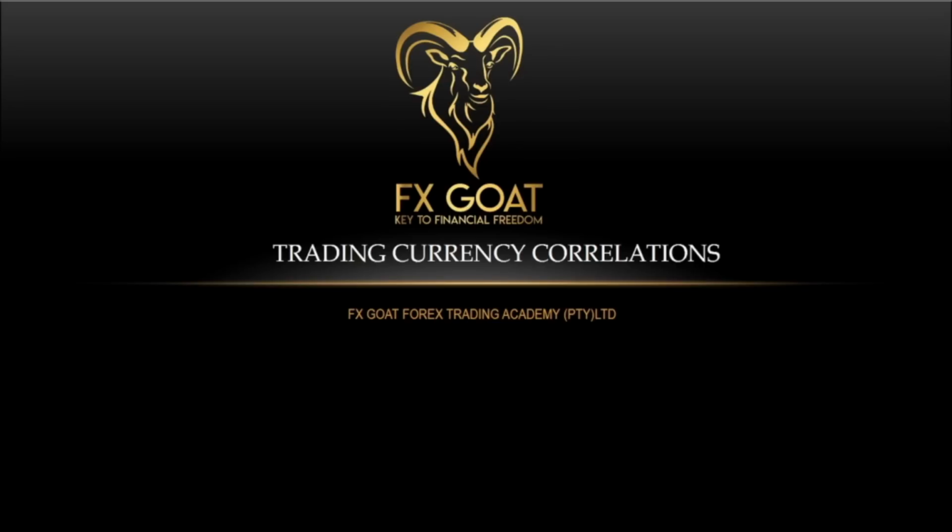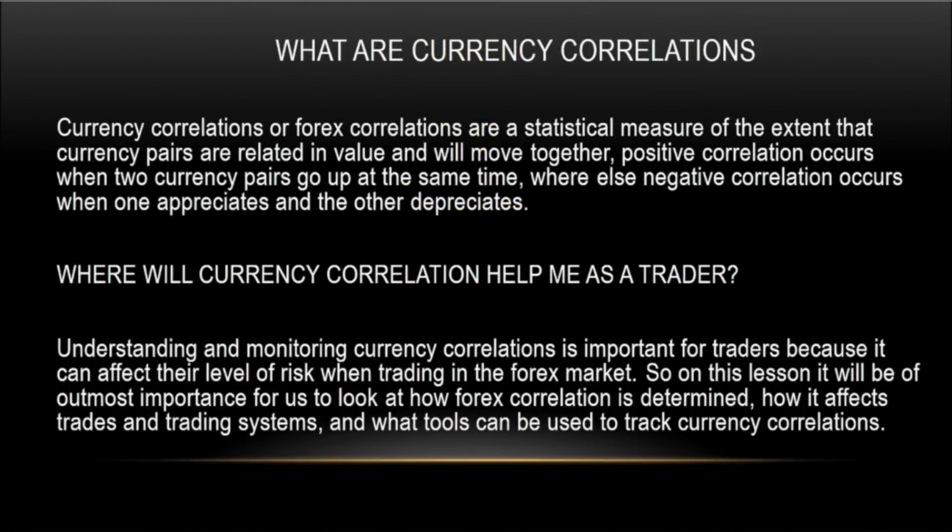So the topic is trading currency correlations. Every time we start, we ask what currency correlations are, or what is the meaning of the main subject matter we are going to be discussing.